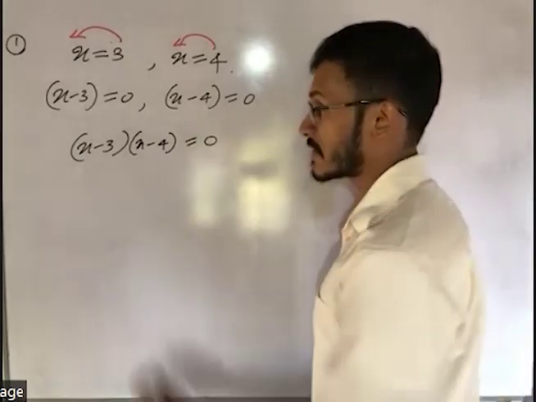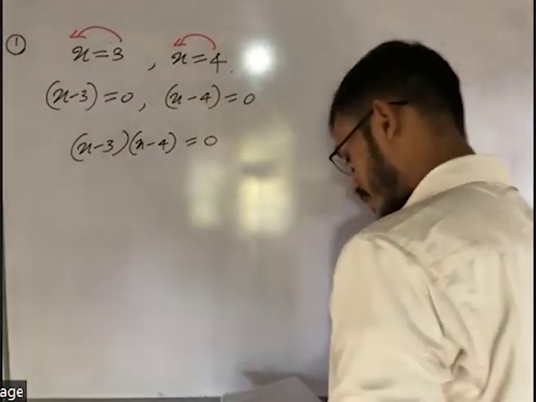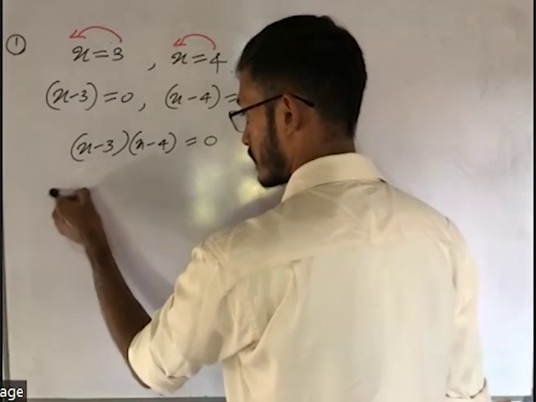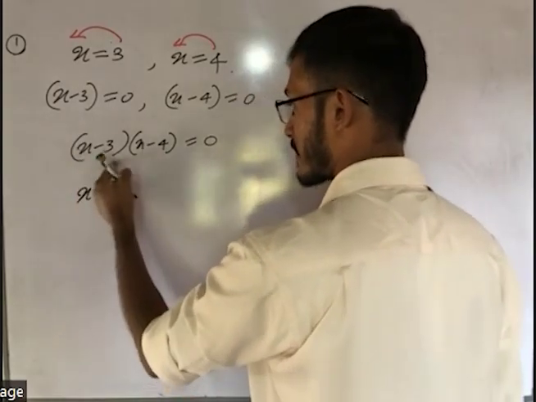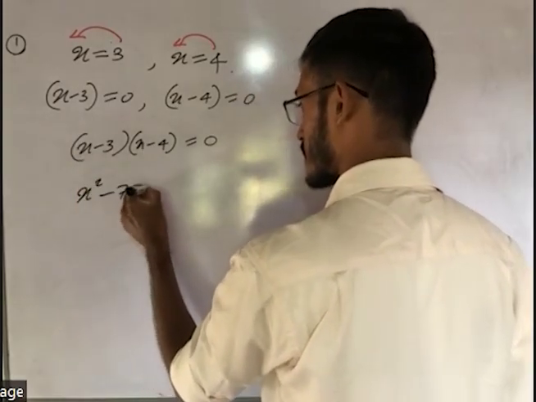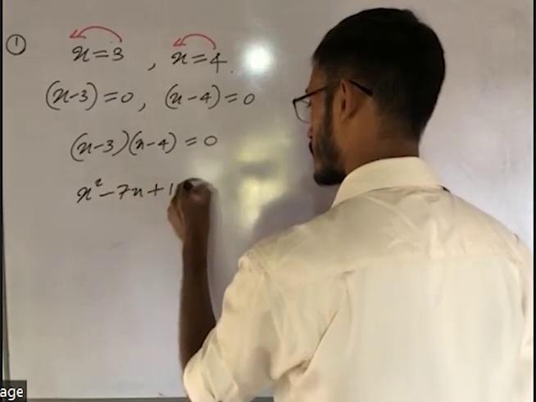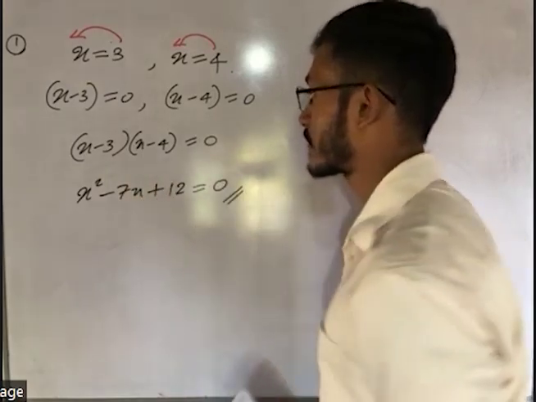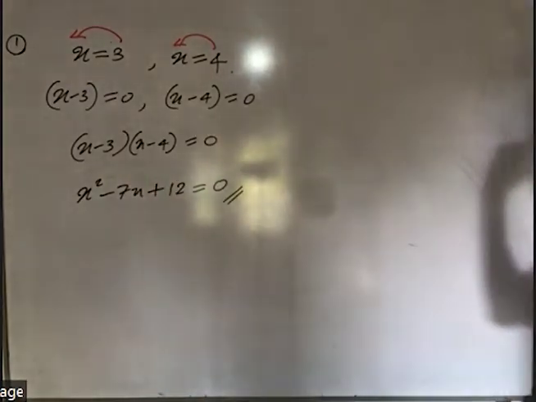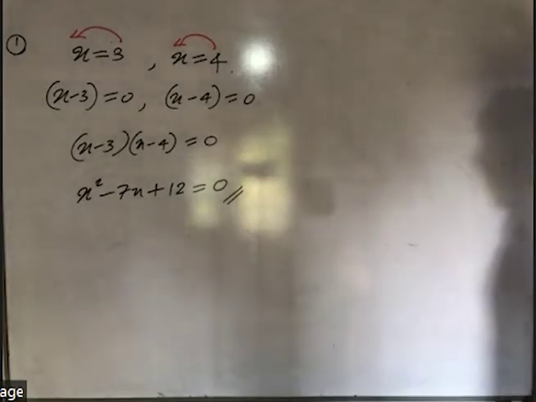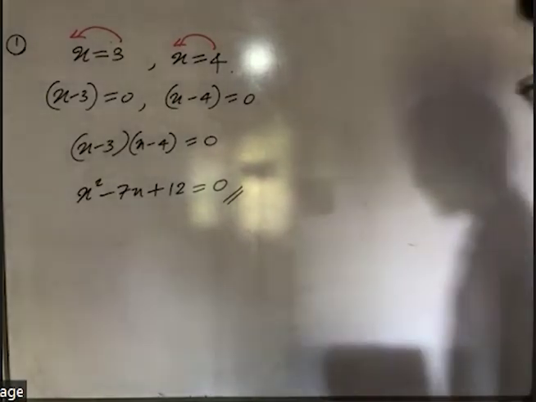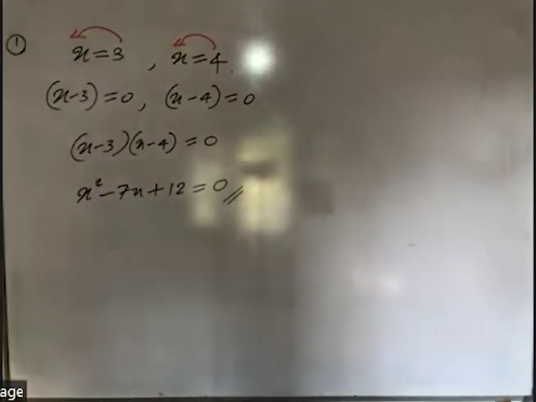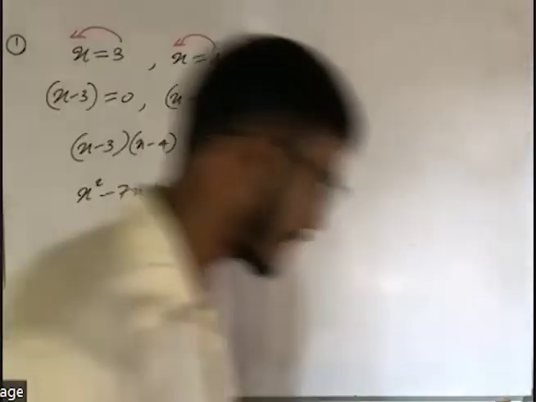So now expand this. If you expand this, x square minus 4x minus 3x, that means minus 7x, plus 3 into 4, plus 12. So this is the quadratic equation. So when the roots are given, from this method we can find the quadratic equation. It is a simple process.